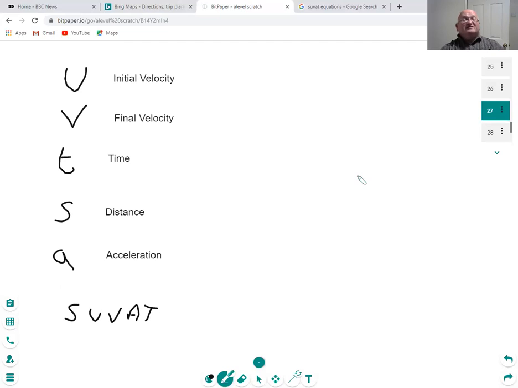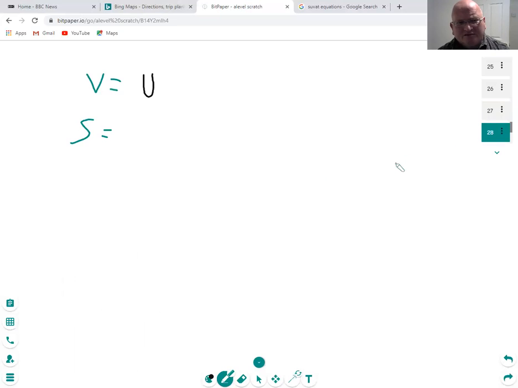Suvat is just what we call them. You could call them an array of letters in another order, but we'll call them the Suvat equations. Let's start thinking about what these equations could be. The first two equations I'm going to derive really from real life situations.